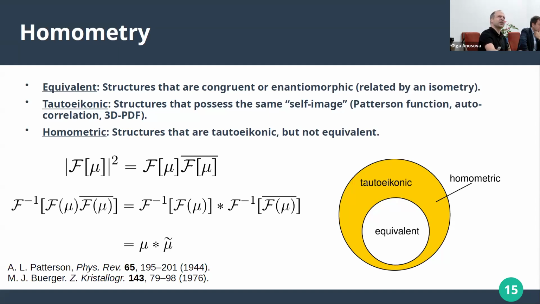There's a very informal argument that says what we measure is not the Fourier transform, but the square of the amplitude, and that you can write by simply multiplying it by its complex conjugate. And now if you take the inverse Fourier transform, what you get is basically the convolution of these 2 things. The inverse Fourier transform of the Fourier transform is the scattering potential, so mu is the scattering potential.